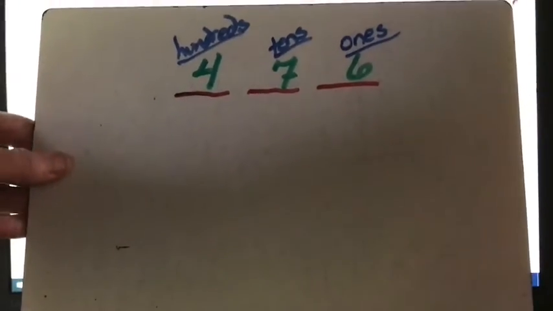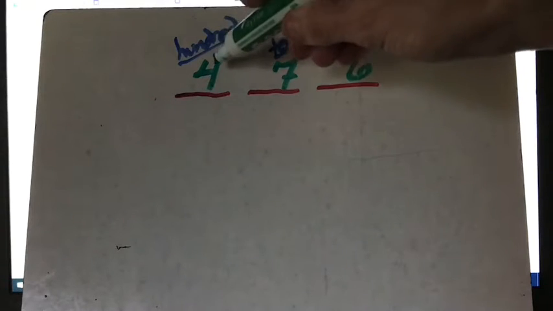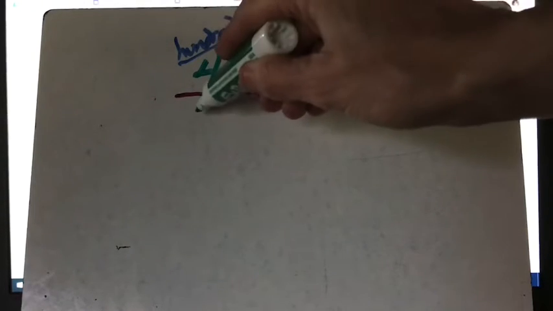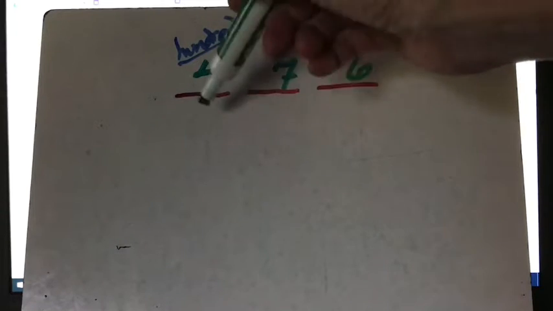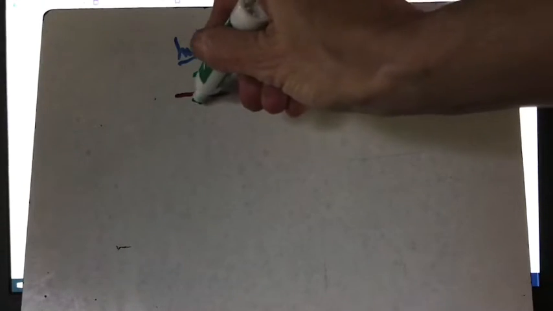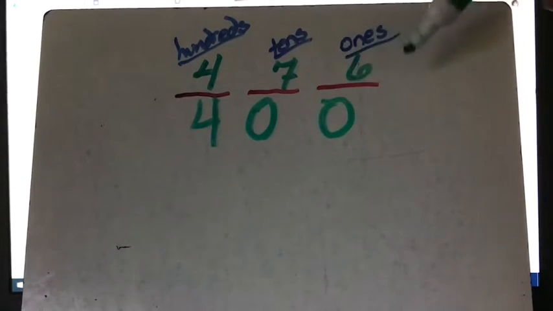476, and we have it labeled with ones, tens, and hundreds. If you notice, when I have the number 4 in the hundreds place, if I were to not look at the other numbers, but just write 400, the ones and tens place would have zeros.